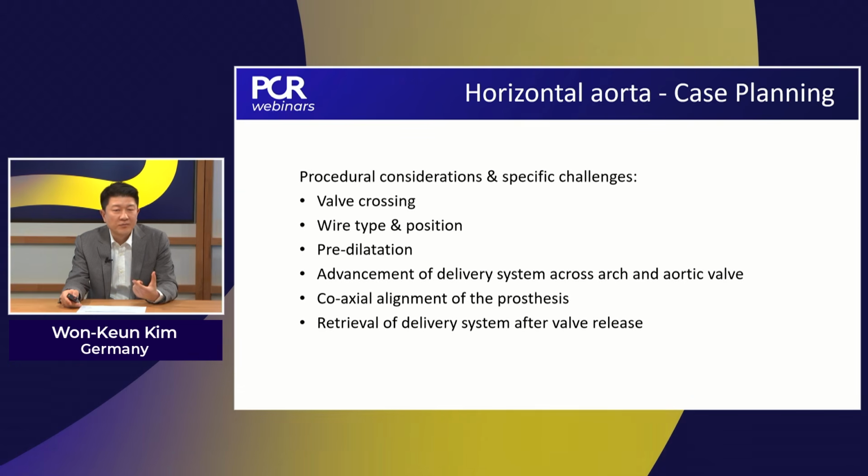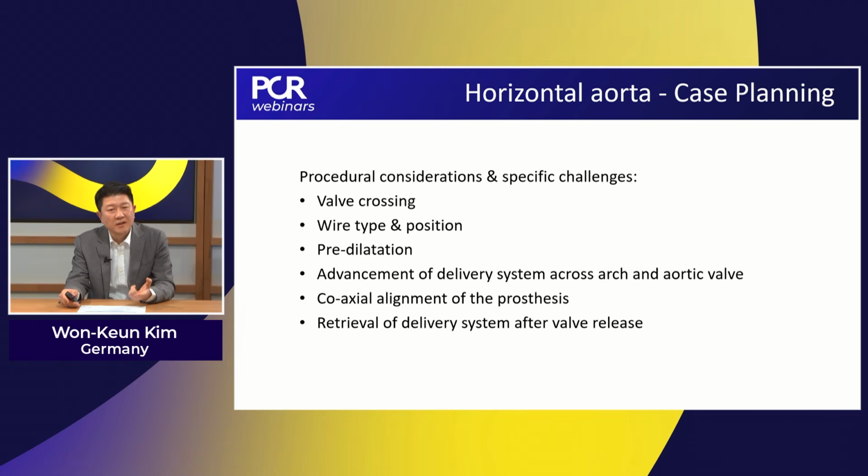And obviously, there can be problems in advancing the delivery system, not only across the aortic arch, but especially across the aortic valve with such a horizontal configuration. Difficulties can extend to coaxial alignment of the prosthesis. We will show you how to address this. And the procedure is not finished after deployment of the valve, but especially in these anatomies, the retrieval of the delivery system can be challenging.